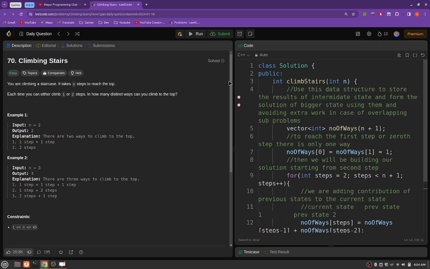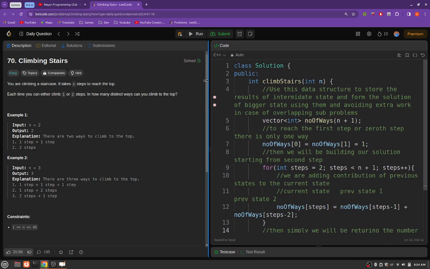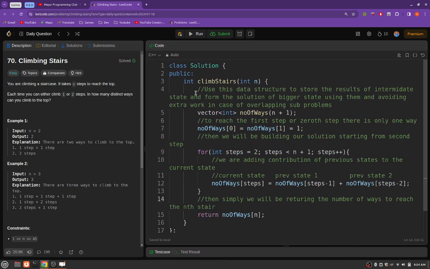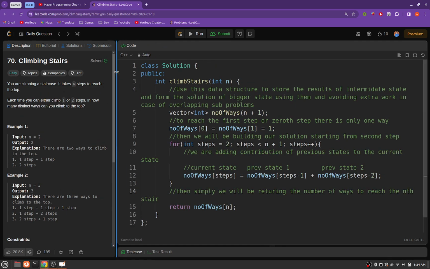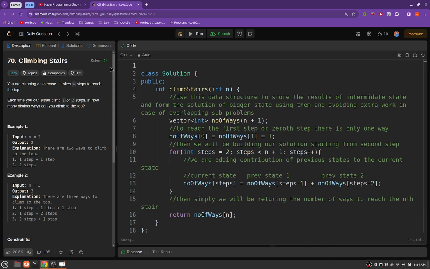Also, before ending the video, let me quickly explain the time and space complexities here. The time complexity will be order of n, since we are doing only one traversal, where n is the number of steps.